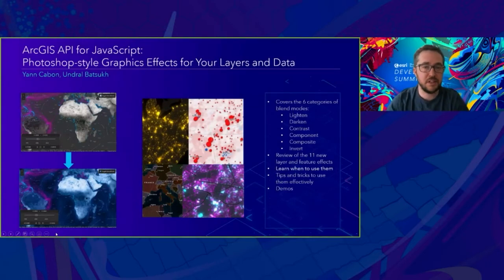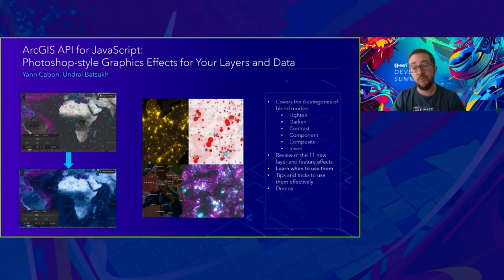I present a session with my colleague Andrew about everything you have to know about blend modes and effects. We are going to go over all the blend modes in those 6 main categories: lighten, darken, contrast, component, composite, and invert. You can use those effects and blend modes as an artistic effect, but we also give you clues about how to use them to enhance the data visualization in a meaningful way.